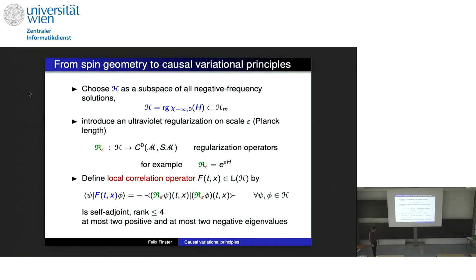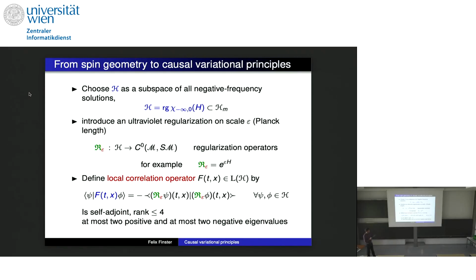Good. And now, in order to get into the setting of causal fermion systems, one chooses a subspace of the whole solution space. For example, you can take the negative spectral subspace, in other words, all the negative energy solutions. But in fact, it doesn't really matter so much which subspace you choose, but it has to be sufficiently large.